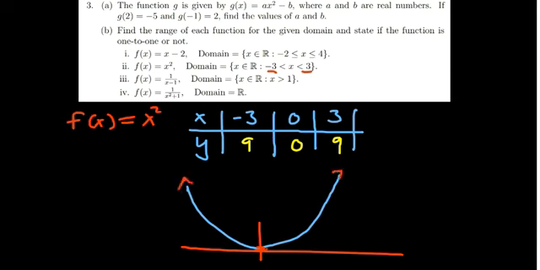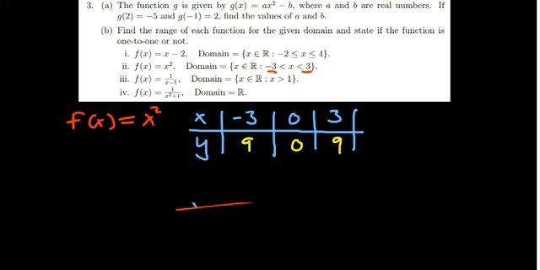Okay, so a function where I'm able to draw a horizontal line and it cuts the graph at 2 points is not a one-to-one function. So the expected range, the minimum value we have is 0, and then it will just continue going up.